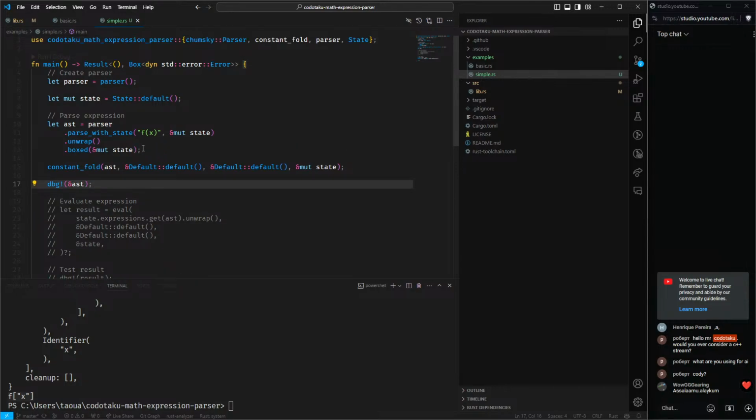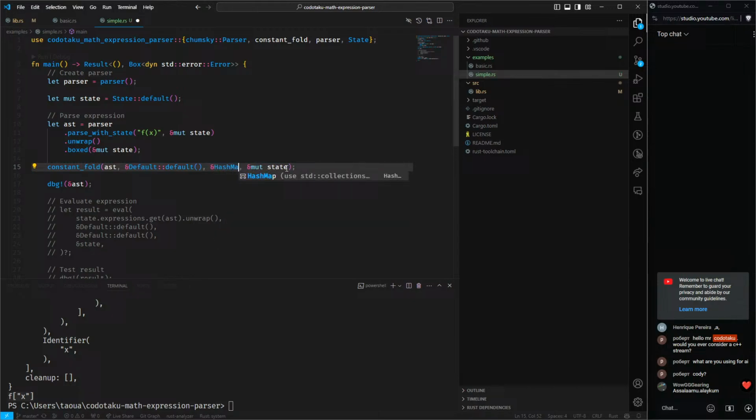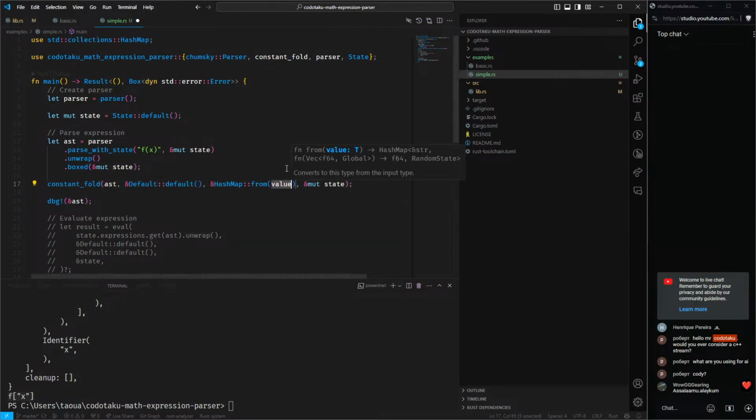Anyways, let's try this out, right? So let's say we ConstantFold, and we actually do have the f right now. So how are we gonna add it? We're gonna add it here, right? Hash map from.